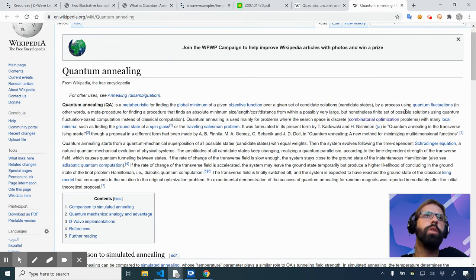In other words, a meta procedure for finding a procedure that finds an absolute minimum. Processing solutions using quantum fluctuation-based computation instead of classical computation. Quantum annealing is used mainly for problems where the search space is discrete, with many local minima, such as finding the ground state of a spin glass or a traveling salesman problem. It was formulated in its present form by quantum annealing in the transverse Ising model.